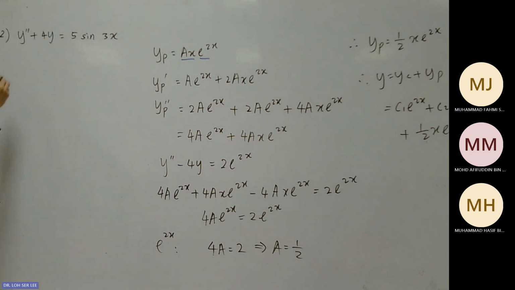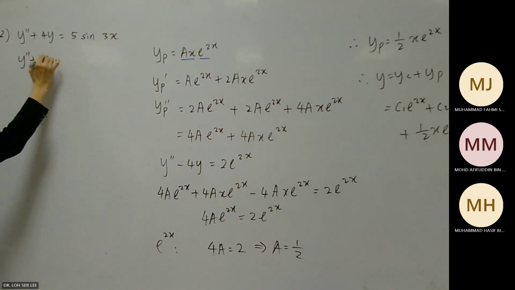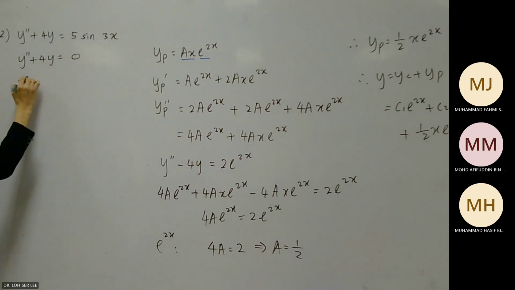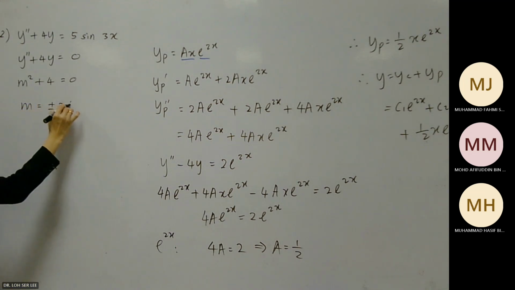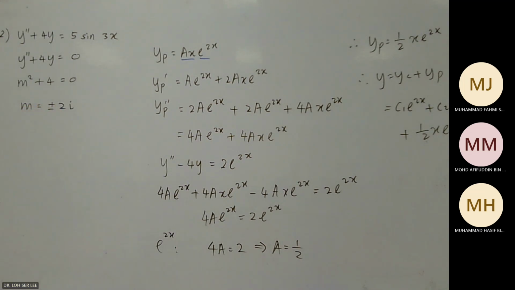Now let the right hand side be 0. So your characteristic equation gives, what is your m? Plus minus 2i, right? Plus minus 2i. This is a complex conjugate.